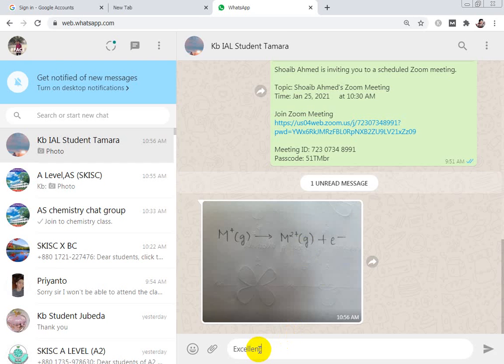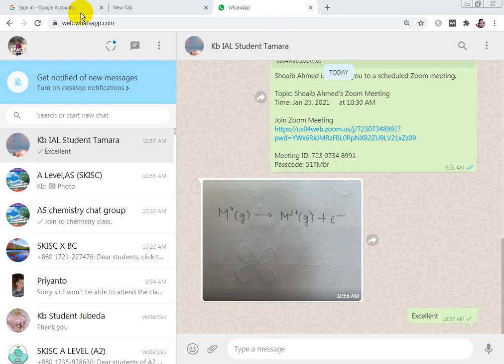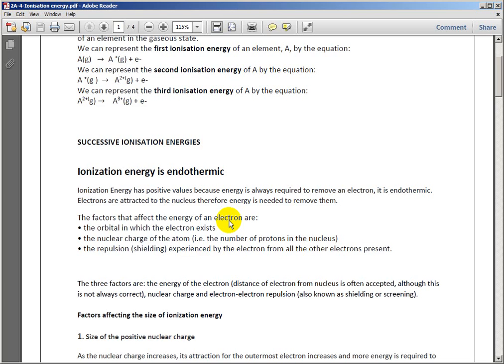Okay, done well. You know reactions are of two types depending on energy, exothermic and endothermic. Do you know? Yes, sir. What is an exothermic reaction?